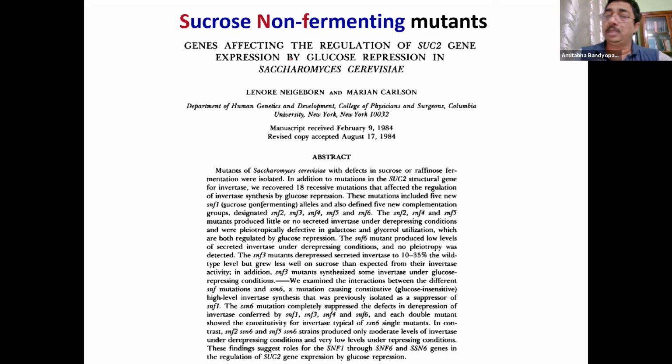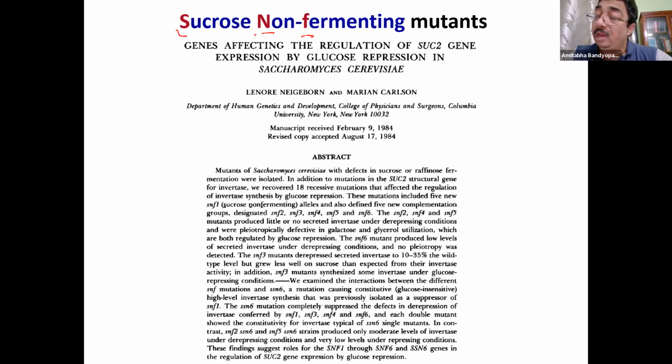So those mutants are called sucrose non-fermenting, SNF. Now, for yeast cells to grow in presence of sucrose as the only carbon source, minimally they will have to turn on the transcription of invertase, the enzyme that is secreted and degrades sucrose into glucose plus fructose, and then glucose is taken in, right?